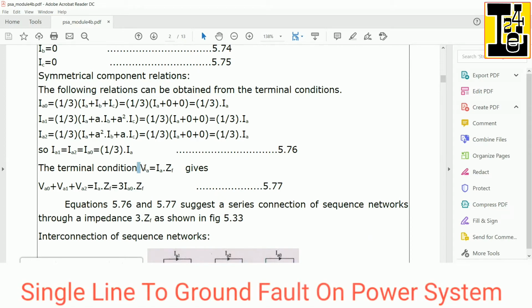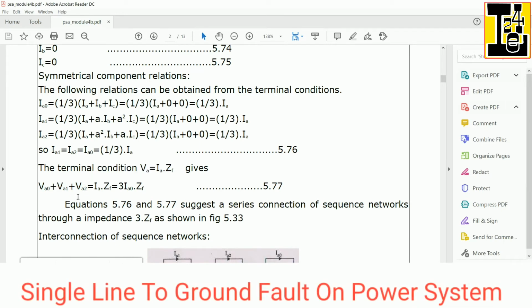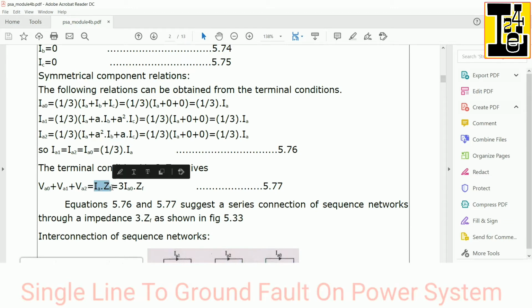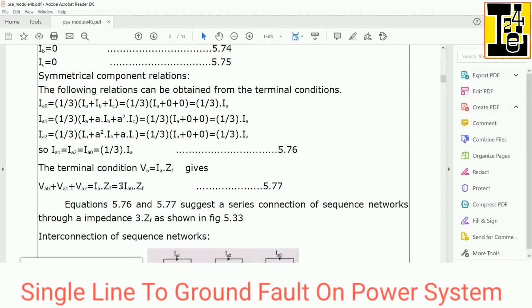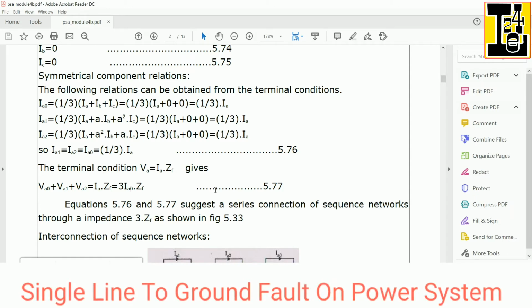Here VA is expressed in terms of symmetrical components as the sum of sequence voltages, that is equals to IA into ZF. Here IA can be represented as 3 IA naught. As IA naught is equals to 1 by 3 IA, we can write IA as 3 IA naught.